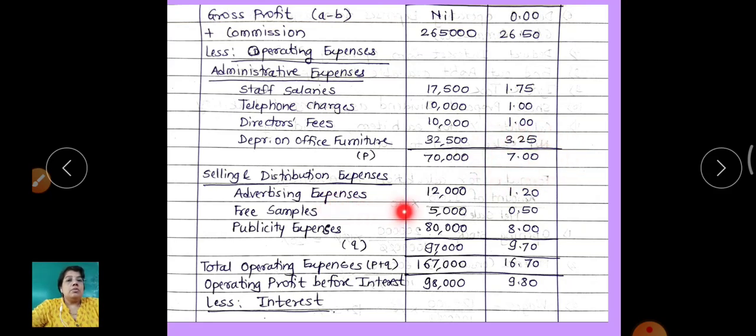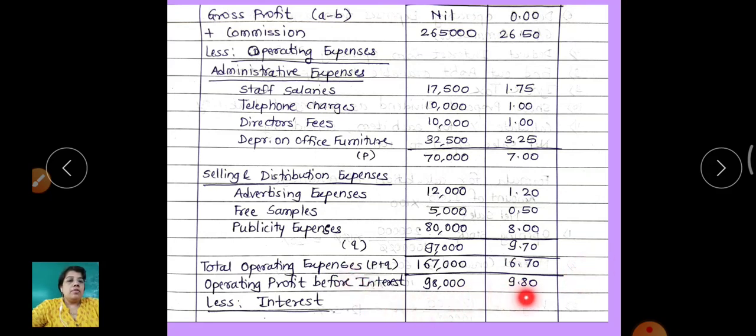Then selling and distribution expenses: advertisement expenses are 1.20%, free samples are 0.50%, publicity expenses are 8%, total selling and distribution expenses are 9.70% of the net sales. Now total operating expenses constitute 16.70% of the net sales.